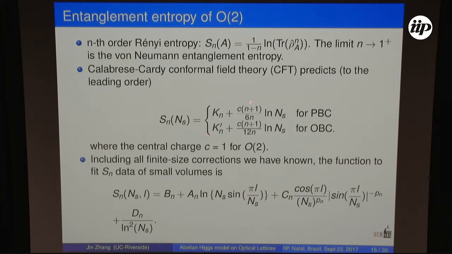It scales linearly with the logarithm of the lattice volume. And here c is the central charge. For the O2 model, the central charge c equals 1.